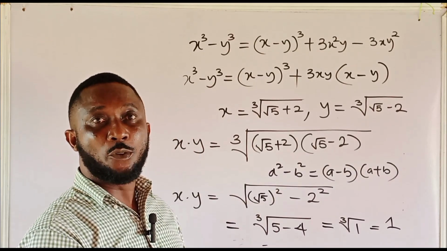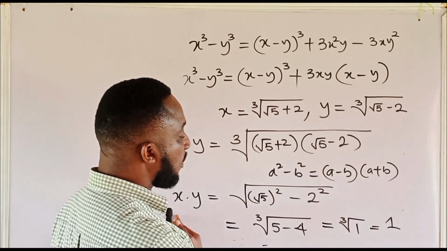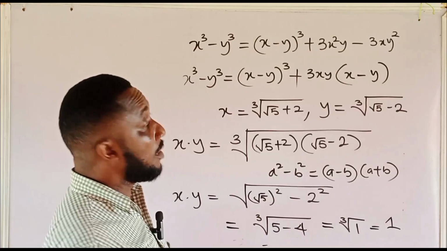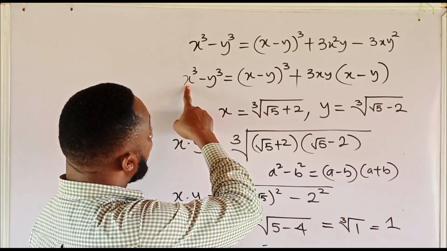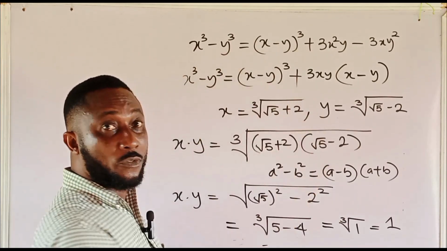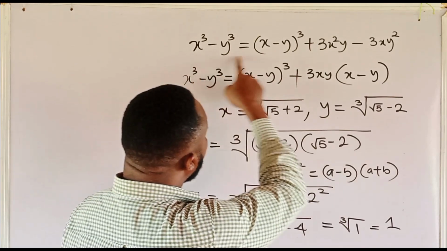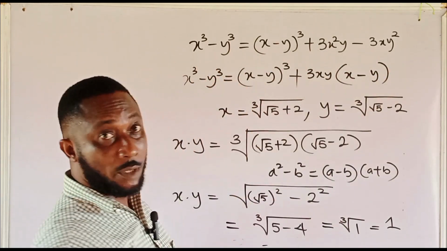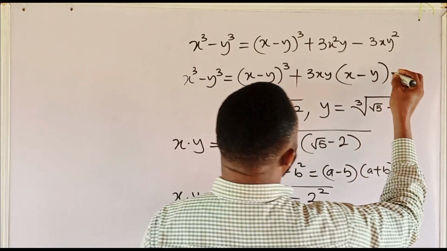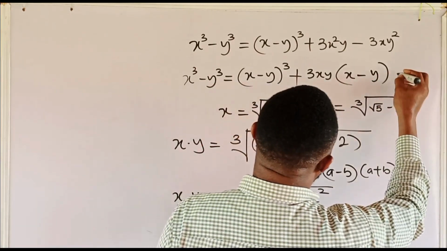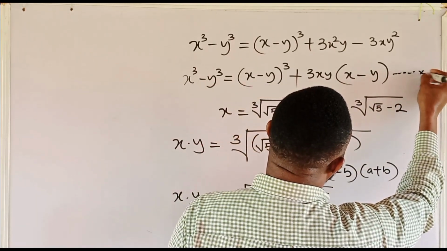Now that I know the value of s multiply y, which is 1, and I know s cubed minus y cubed equals 4 from equation 3, I can then substitute into this formula here, which I shall label equation star.